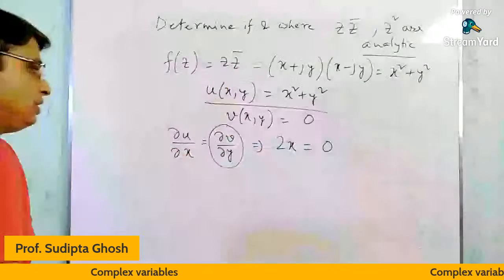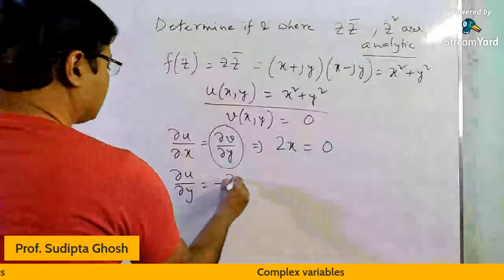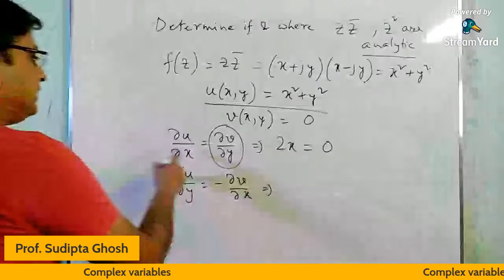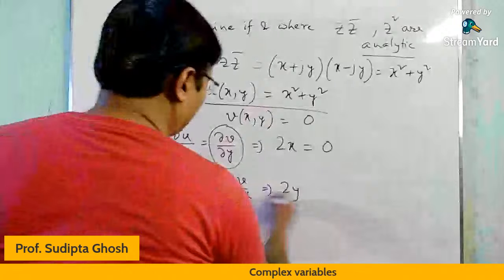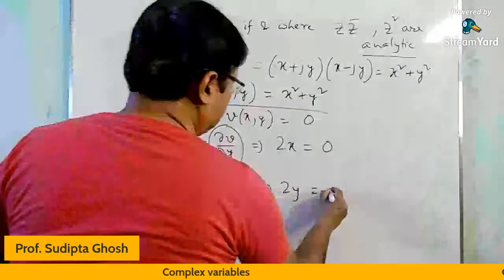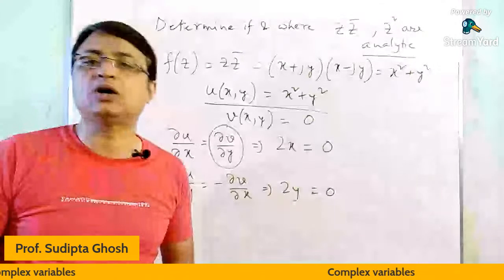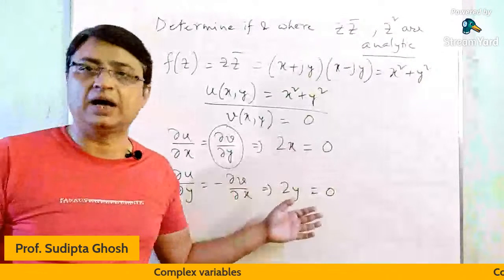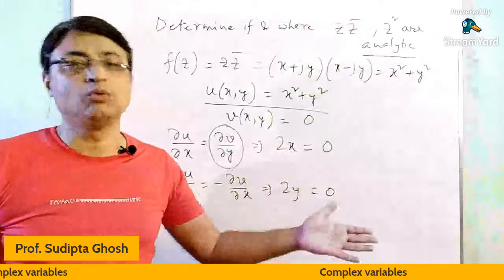Now the second Cauchy Riemann equation, del u del y equals minus of del v del x: here del u del y gives us twice of y, whereas del v del x gives 0. So using the Cauchy Riemann equation, I obtain that x equals 0 as well as y equals 0.